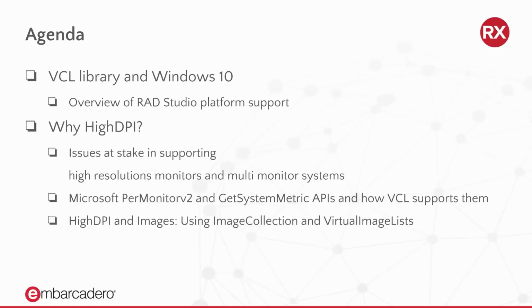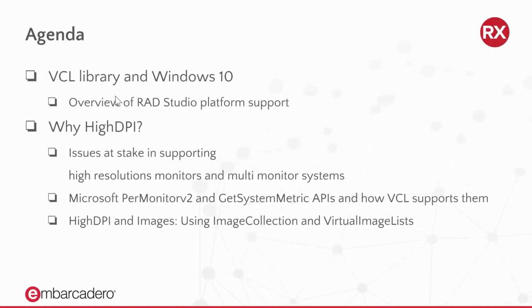In terms of actual features, we're going to delve into per monitor v2, which is a Microsoft feature on recent versions of Windows, and how VCL supports it through the GetSystemMetrics APIs. Also, we're going to highlight issues and solutions around high DPI and images, how you can get images working properly at different resolutions.